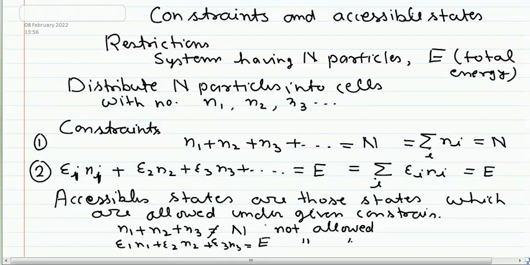So the only states which are allowed or accessible are those which follow these constraints. So those states are the accessible states, and the states which violate the constraints are the not allowed or inaccessible states.